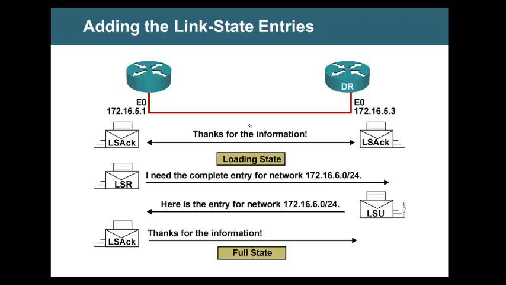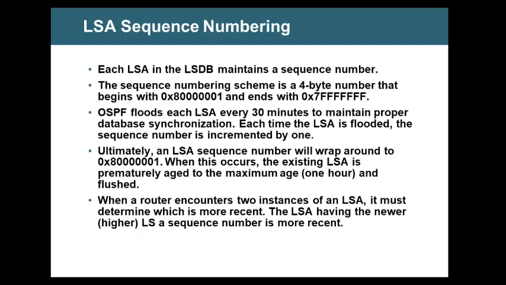So don't think, what if this gets exhausted? What if every time a change happens, the sequence number gets incremented, and this hexadecimal number reaches all F? Don't worry, it will reset back to this one and start from the beginning. Even if it doesn't exhaust, every 1 hour, it will get reset automatically.